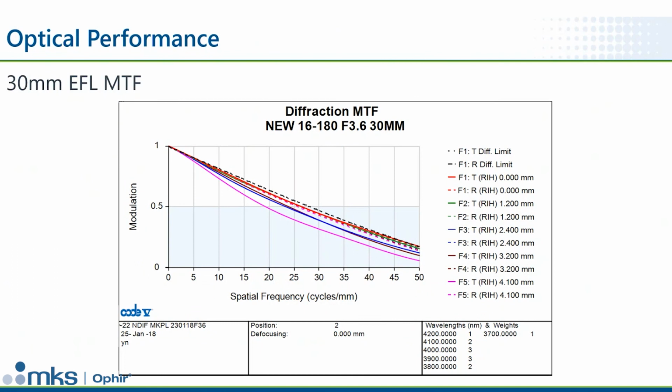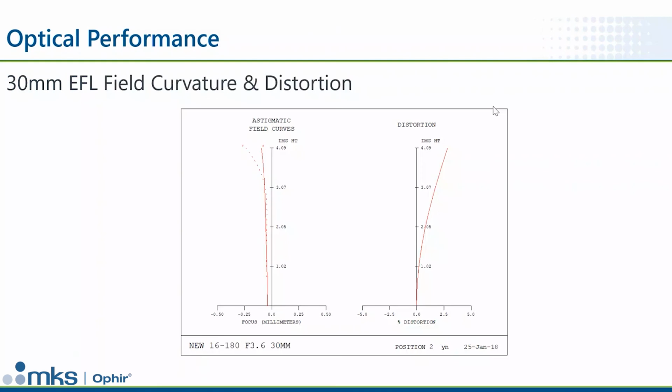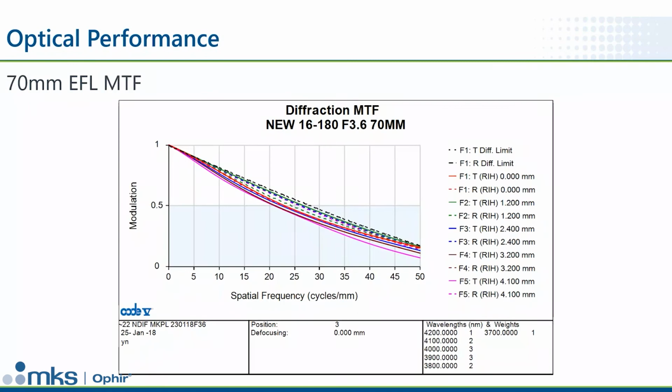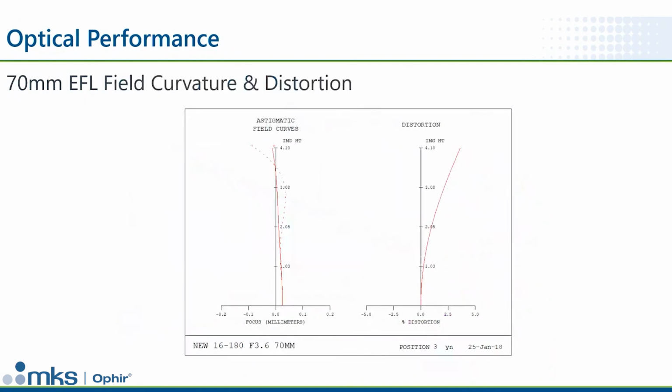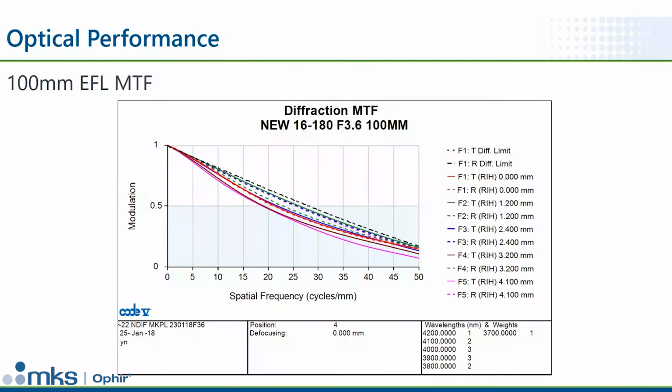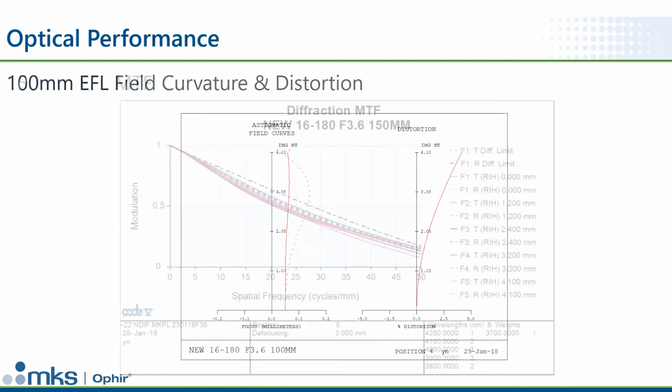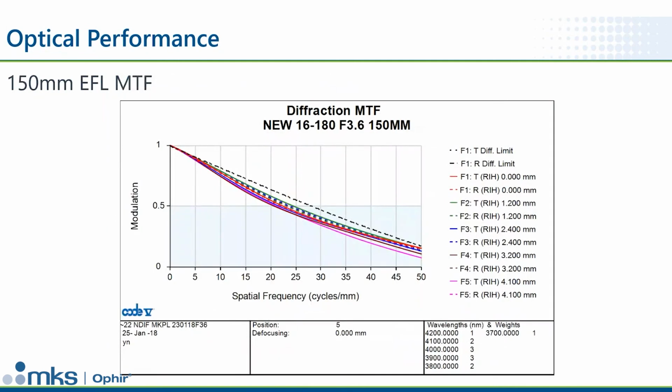This is the MTF at 30 millimeter focal length, again, close to diffraction limit. And this is the distortion for the 30 millimeter focal length. This is the MTF at 70 millimeter, and this is the distortion. This is the MTF at 100 millimeter focal length, and distortion. 150 millimeter focal length.